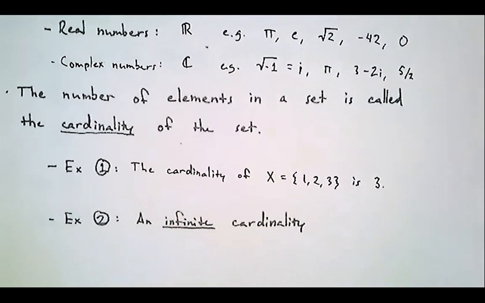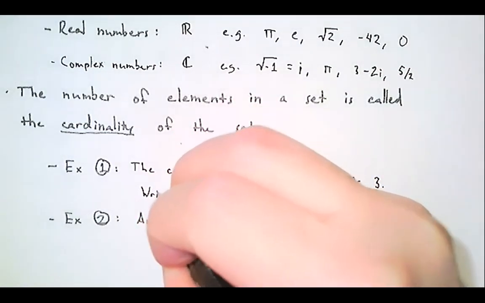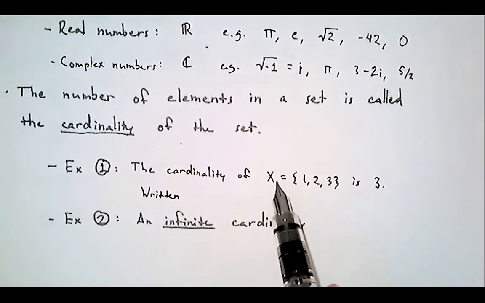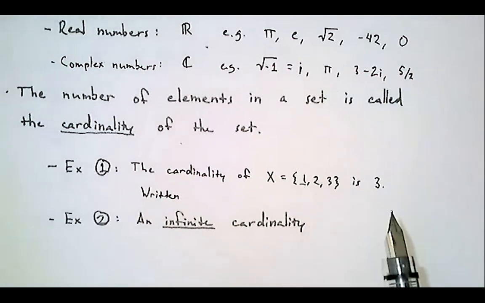So the reason is that I want to introduce this shorthand notation. Most of the time we want to write a set using a letter like this one instead of writing out all of the elements in a set every time, just to save ourselves some writing and time.